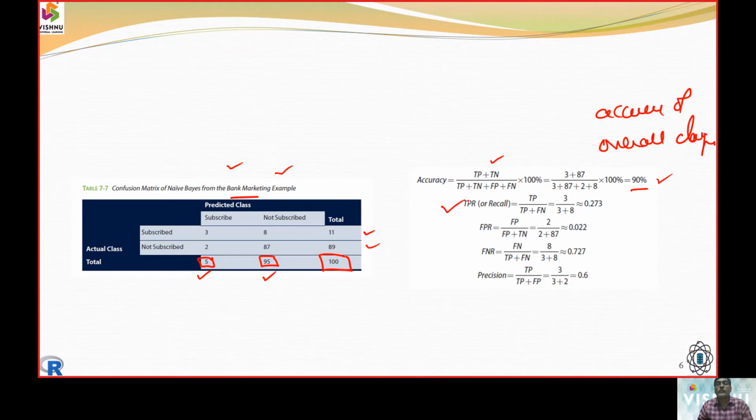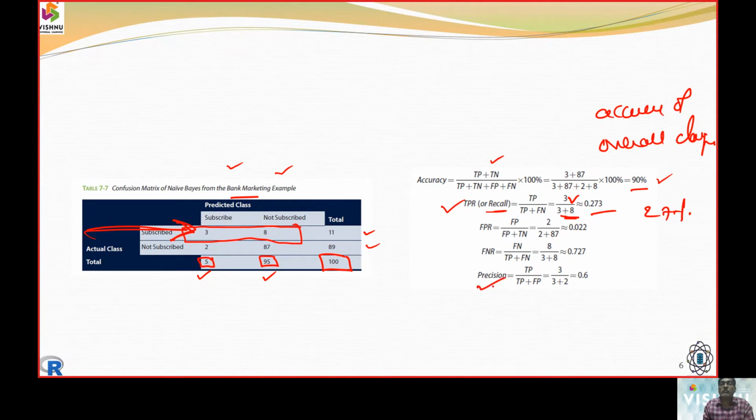Next we have the true positive rate, or recall. When we call it recall here, we take up the true instances, that is 3 divided by 3 plus 8, which is more or less 27%.